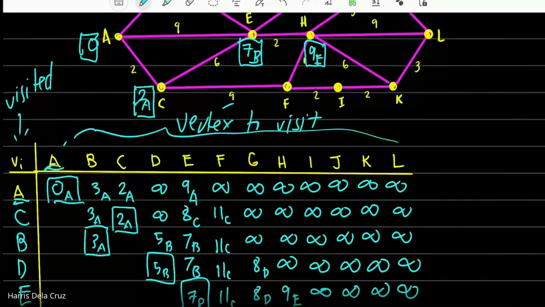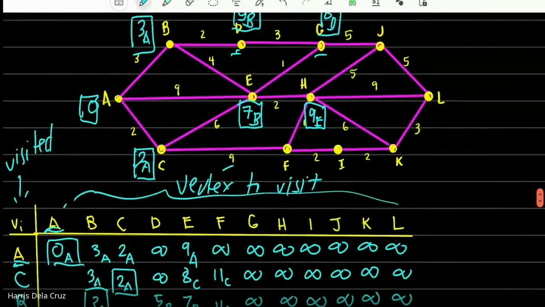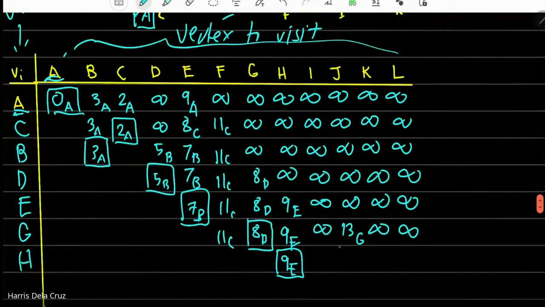Okay. Next. From H rather, ang mga pwede nating puntahan ay si J, si L, si K, tsaka si F. Papunta kay J plus 5. So, 9 plus 5, 14. 13 na yung nandun. So, hindi mo napapalitan.